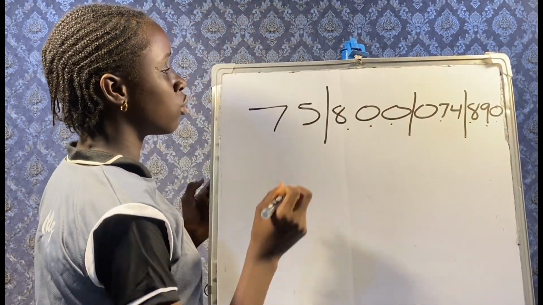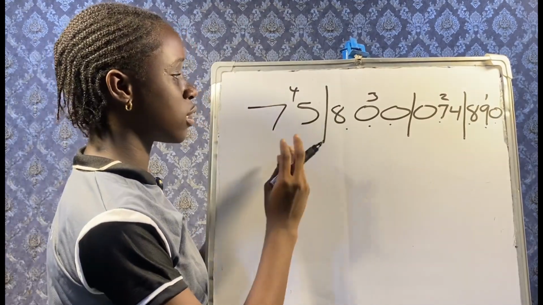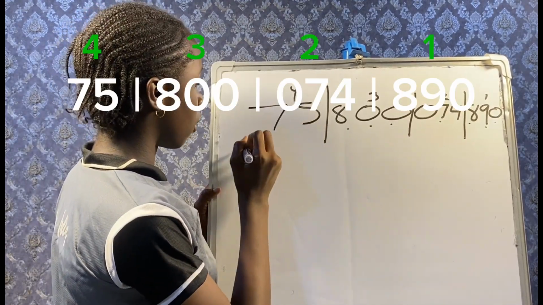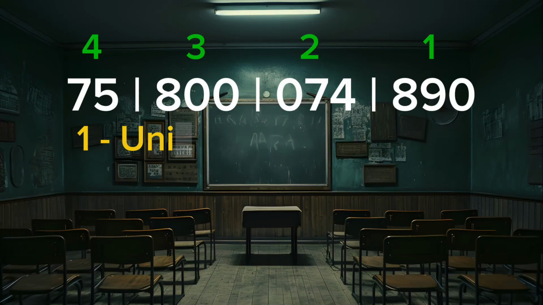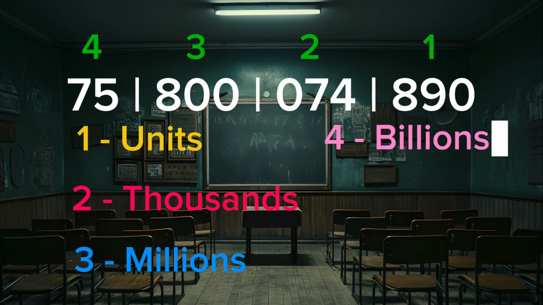So let's take note of the group now. We have 4 groups. What place value does this fall under? Let's see. Group 1, Group 2 is thousands. Group 3 is millions. Group 4 is billions.